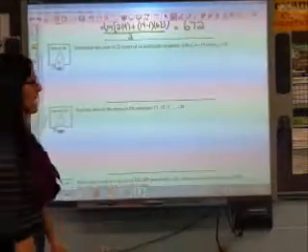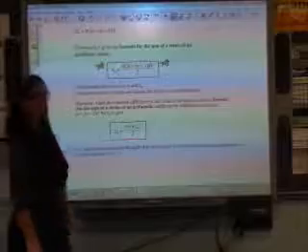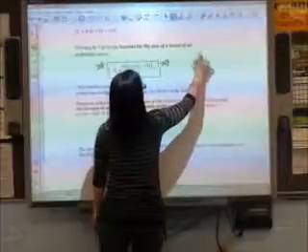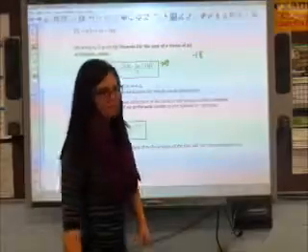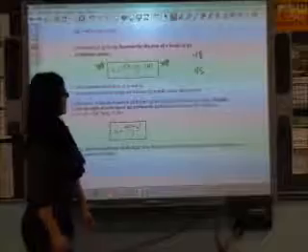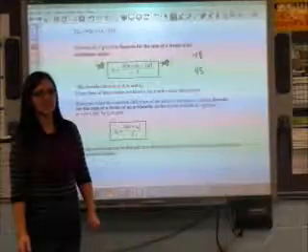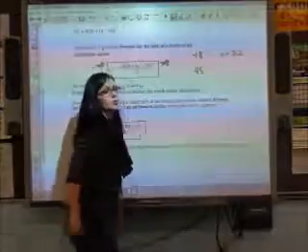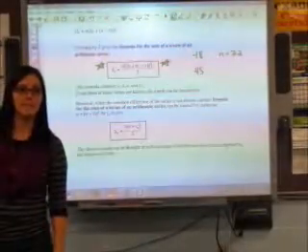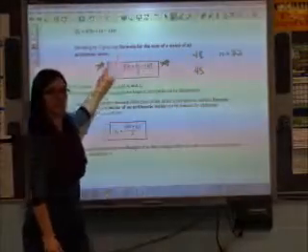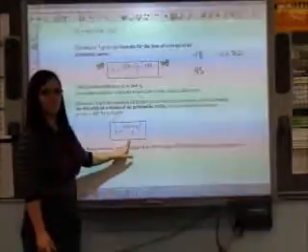So if I look at my two formulas, I know the first term is negative 18 and the last term is 45. How many terms are in the series? 22 terms. So I know that n is 22. Do I know what my common difference is? No.